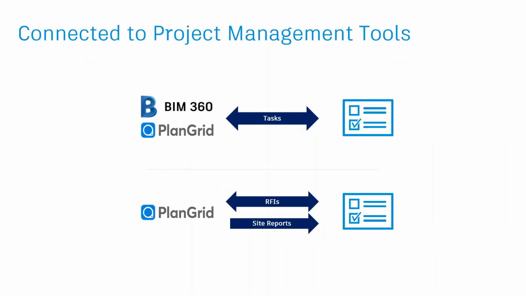So this ACC Connect is connected to project management tools, and it's also easily integrated with Excel or Smartsheet, depending on the kind of project management tool that you are using.